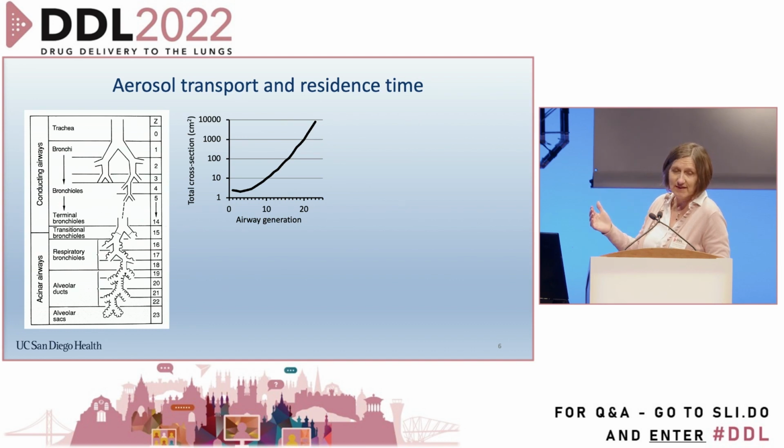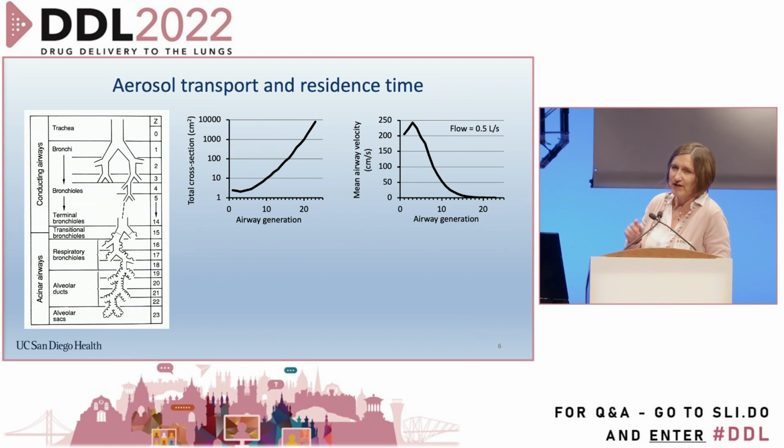And if you breathe in at a constant flow rate, the consequence is that the velocity in these airways will drastically decrease, as the product of the two equals your constant flow rate. This is just an example for a 0.5 liter per second inhalation flow.